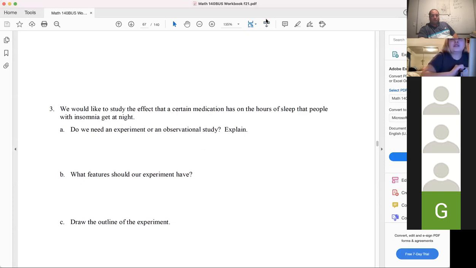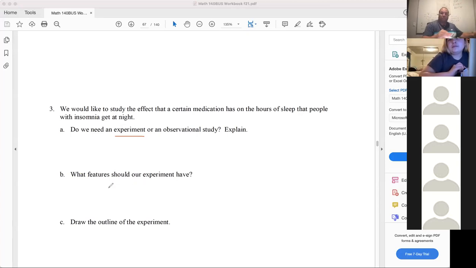Placebo? Well, yes, but if it is a placebo, then it's got to be an experiment. Yeah, it has to be an experiment where you give some people the medication and some people you give a fake medication. Otherwise, how do you compare the difference between those who get it and those who don't? You wouldn't know. So it has to be an experiment.